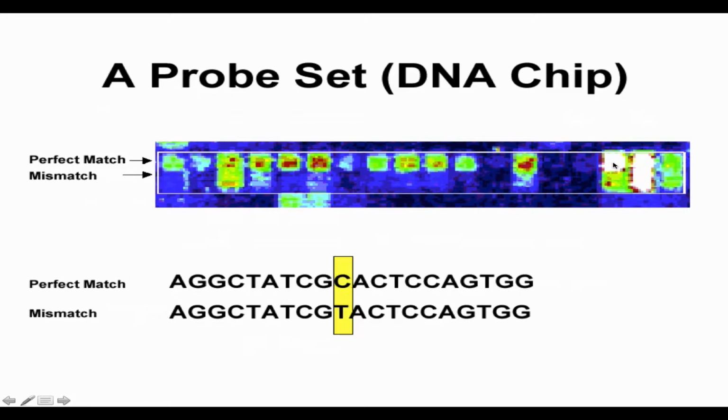What you can see is a bunch of things. First of all, we have a bunch of probes that are all supposed to be measuring the expression of the same gene. And if you just look across the different probes, they give hugely different performance, from essentially no hybridization to burnout, right?